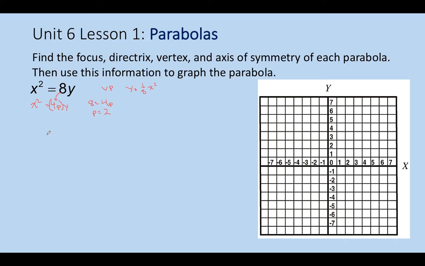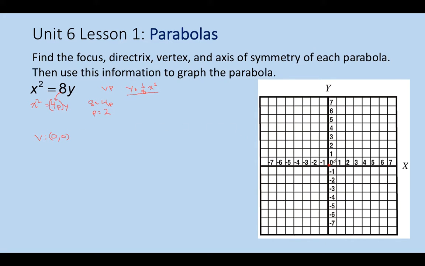What does that mean? How does this help me if p equals 2? Well, p is the distance from the vertex to the focus. And you can tell that when x equals 0, y equals 0, and so the vertex is at the origin. So the vertex, say, is at 0, 0.